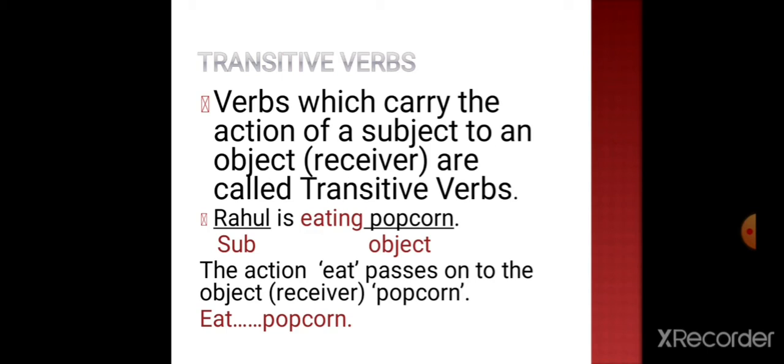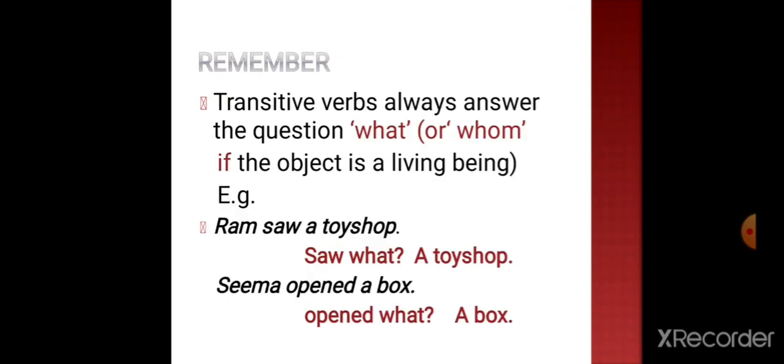Now, students, the action of eating passes on to the object popcorn. Rahul is eating what, student? Eating popcorn. Now, students, remember this main point, that transitive verbs always answer the question what.